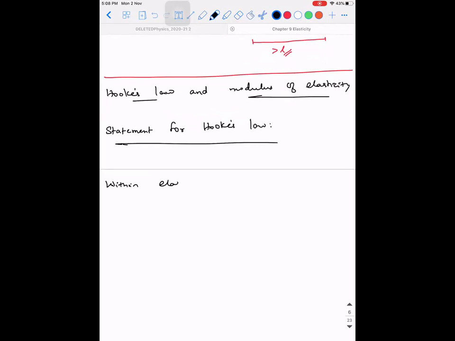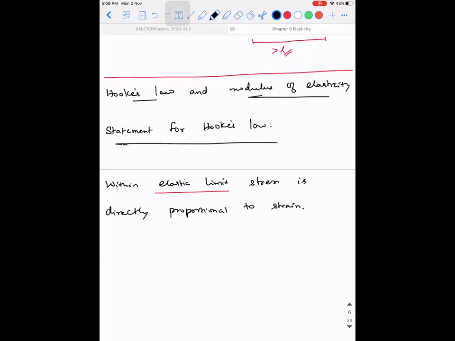Within elastic limit, underline this, within elastic limit, stress is directly proportional to strain. Guys, am I clear? So within the elastic limit, stress is observed to be directly proportional to strain.